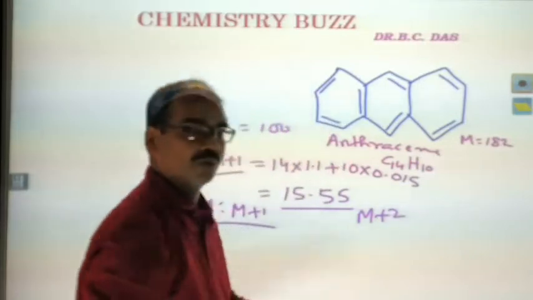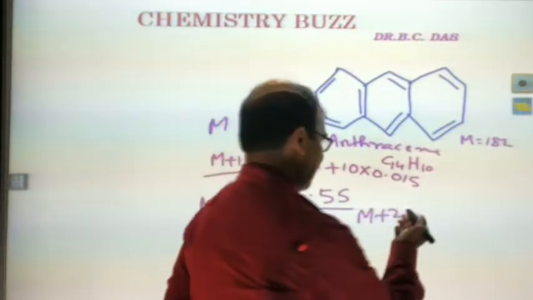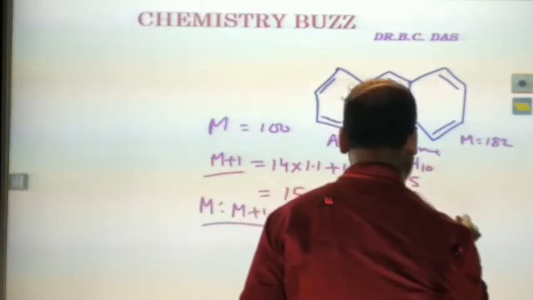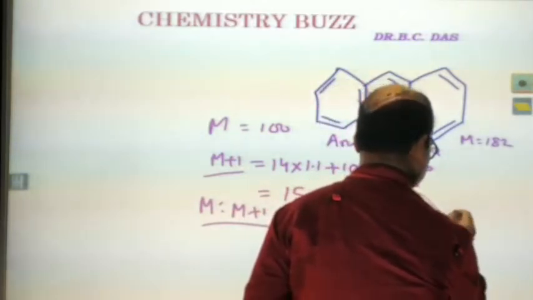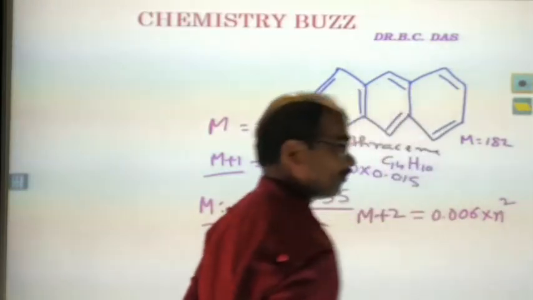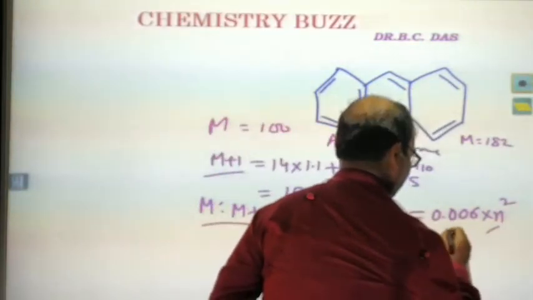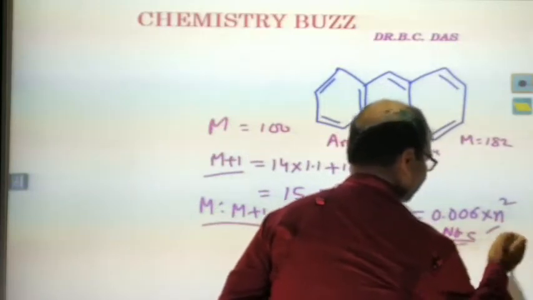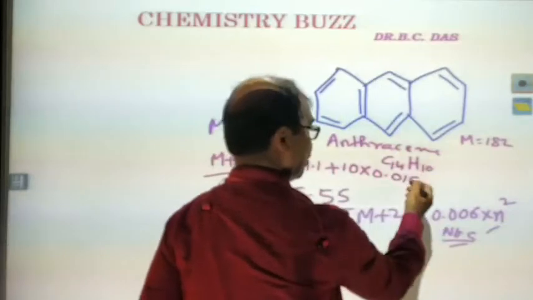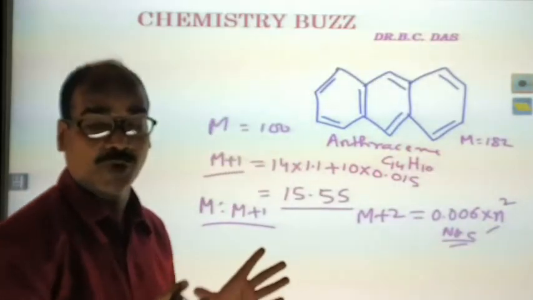For M plus 2 peak we have to consider the formula 0.006 into n square, where n is the number of carbon atoms. If there are 14 carbon atoms, it's not a small amount.